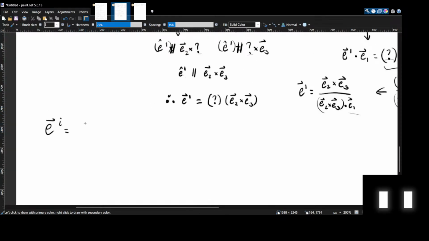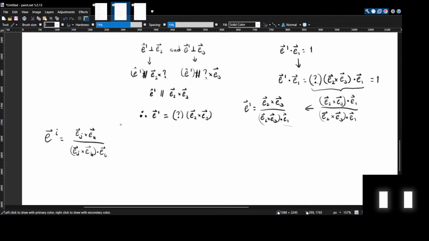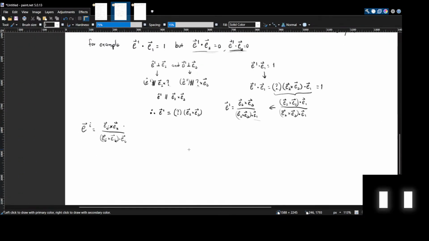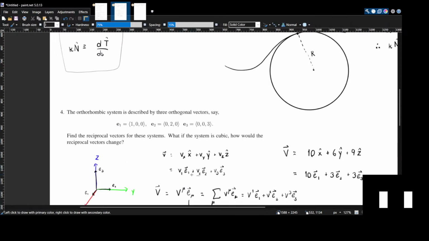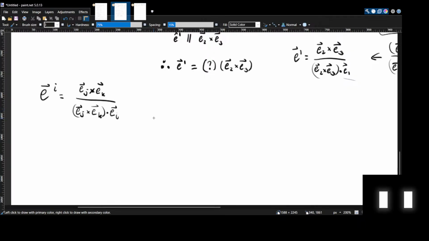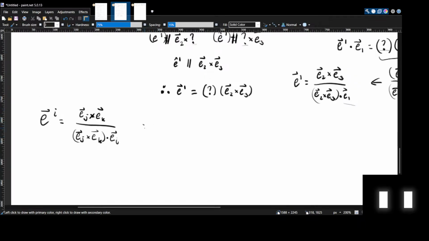EI equals EJ cross EK divided by EJ cross EK dotted by EI, like that. Alright, that's fairly straightforward. What do you guys think? I think that makes sense. So from this, we can use the formula and just spam the hell out of it.